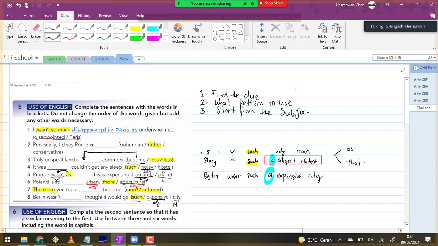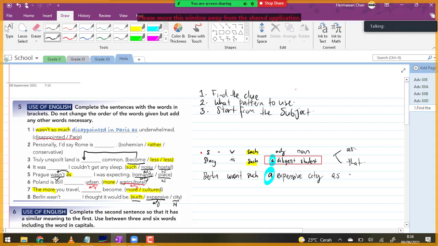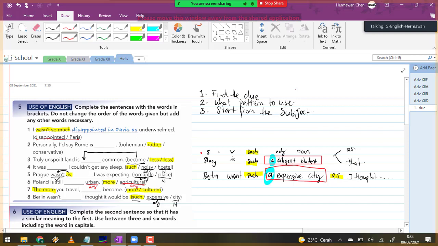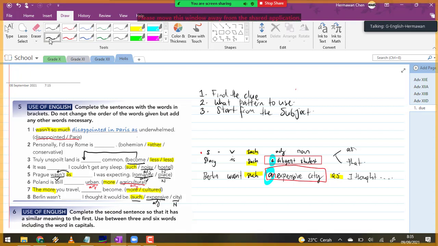Continue. I thought it would be. It means we have to use as. That's it, guys. This is the answer. Berlin wasn't such a... Sorry. We do not use a, but we have to use an, because expensive is an adjective and the first letter is vowel, yeah.